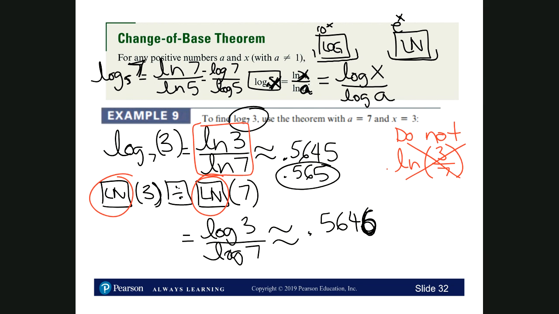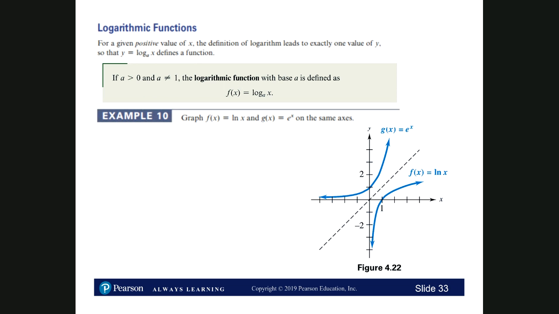So I'm going to move on to the next one, and this one, I believe we went over this problem in class. The graphs are already there, so the functions natural log of x and e to the x are inverses of each other. Therefore, they reflect across the dashed line that you see here, and that line is y equals x.